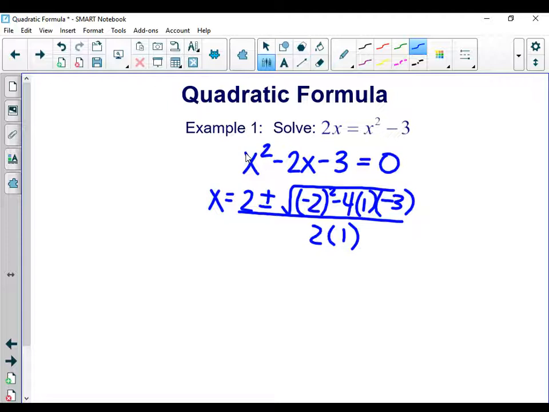All right, so with these problems, if you don't put parentheses around your b squared, notice how this is a -2. This is when mistakes happen. So always put those parentheses around there. If you didn't have a calculator, or if you did have a calculator, you're always going to figure out what's inside the square root equals. That's going to be your next step.